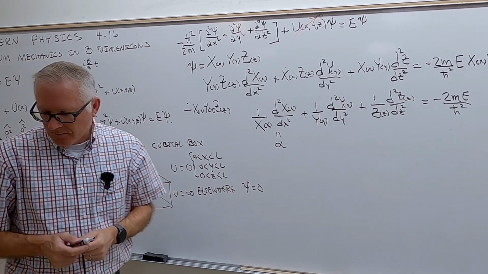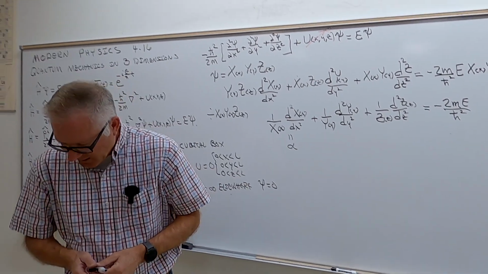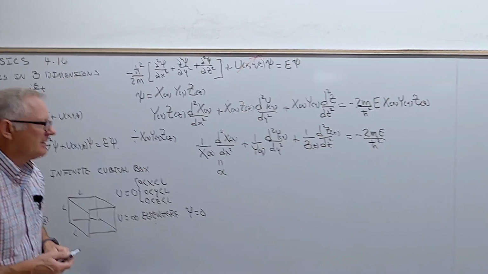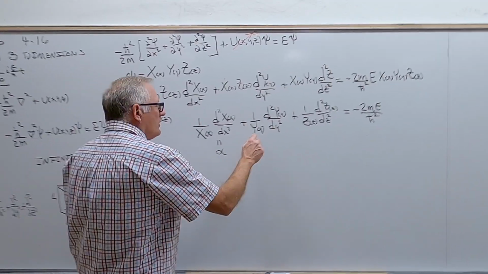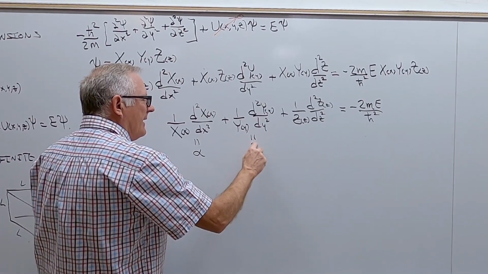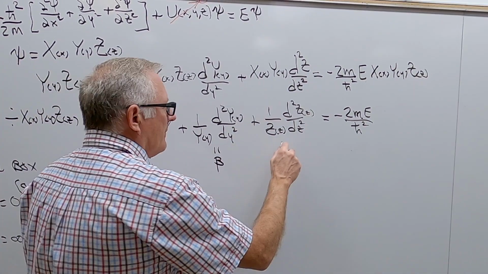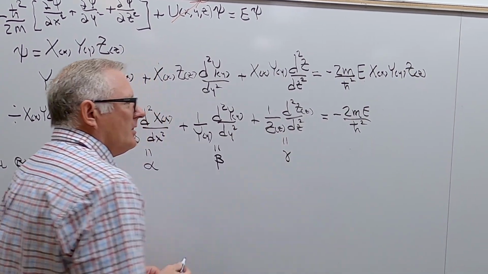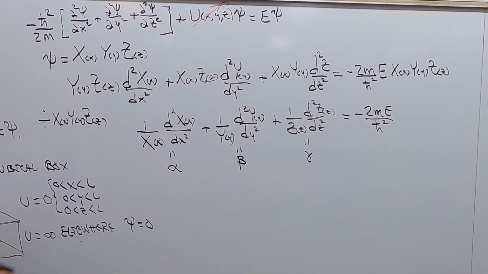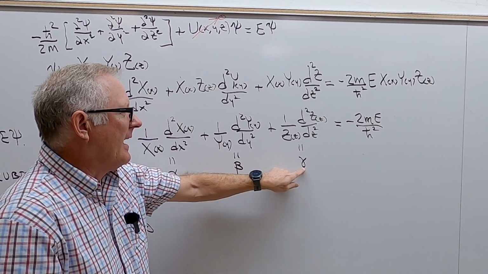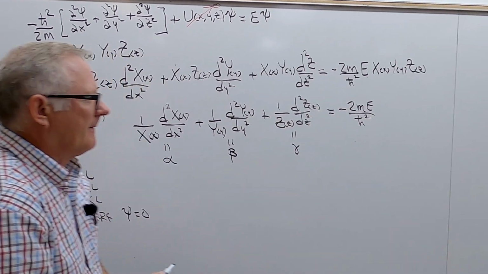Do I want to call it alpha or minus alpha? I think I'll call it alpha right there. Alpha could be negative. We'll call this beta, some other constant, and this some other constant, gamma. So we can see that alpha plus beta plus gamma equals this right here.